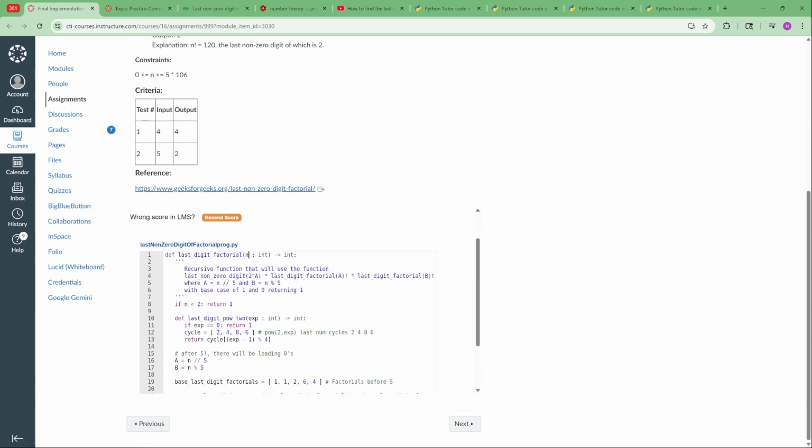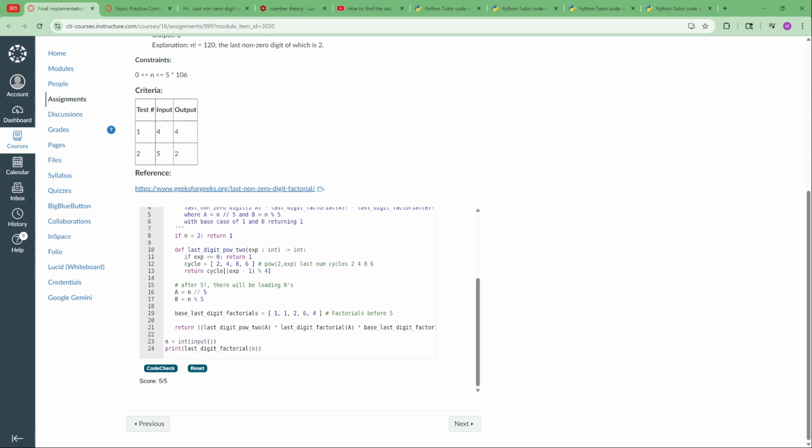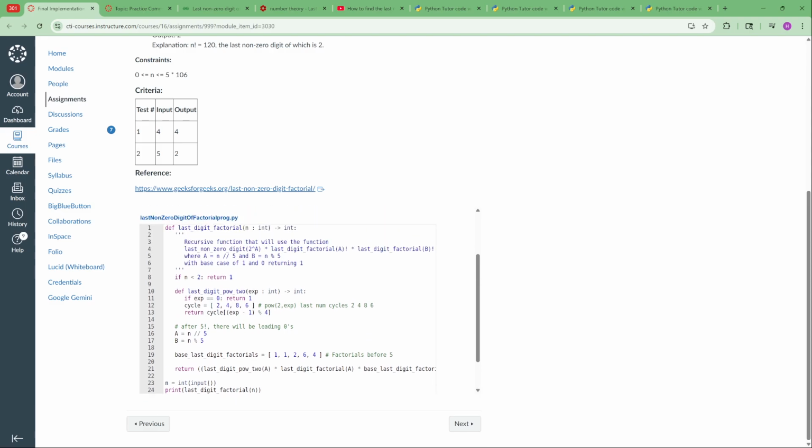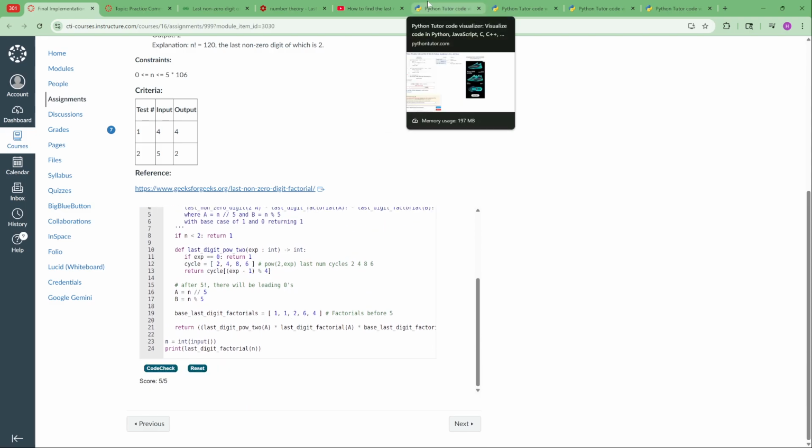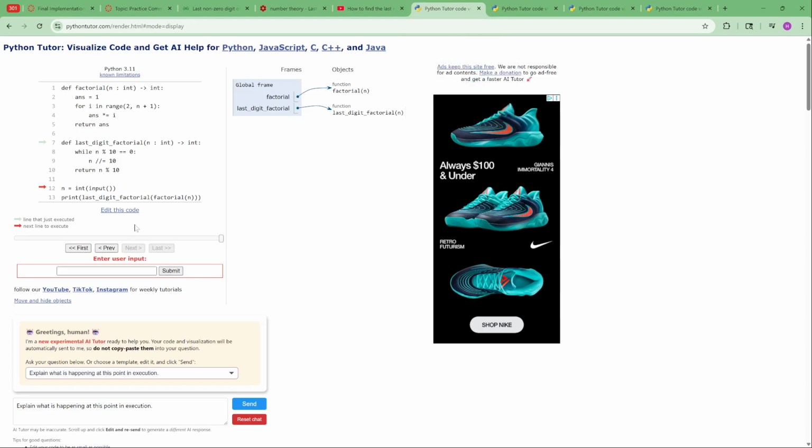I couldn't believe how efficient this was compared to the other one. I didn't know how much more efficient it was until I tested it in the Python tutor. So first, let's try out 530 right here, which is the maximum input we can have, as discussed earlier by the constraint. So we're going to submit it.